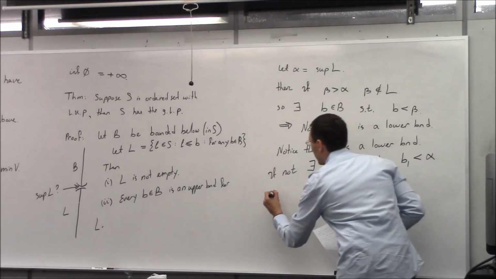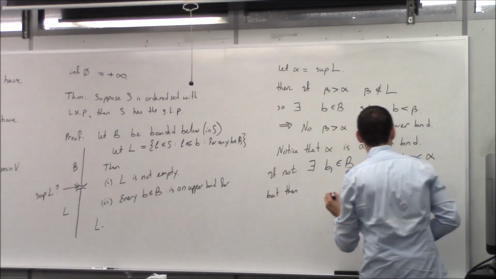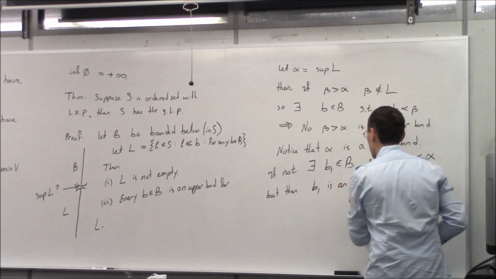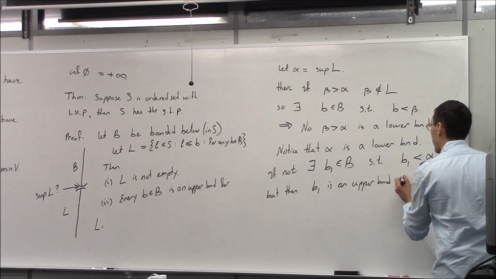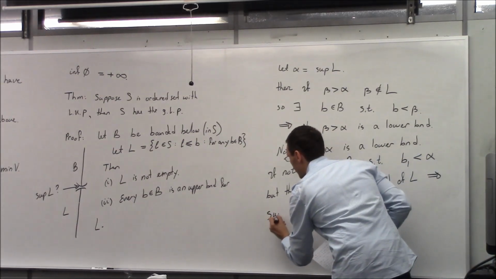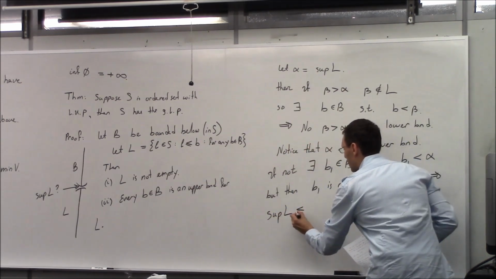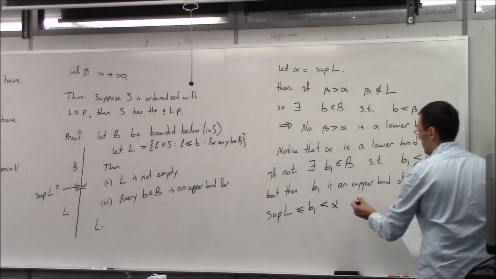But then v1 is an upper bound of L, which would imply that supremum of L will be less than or equal to v1, which is less than alpha. Okay? So that does not work.